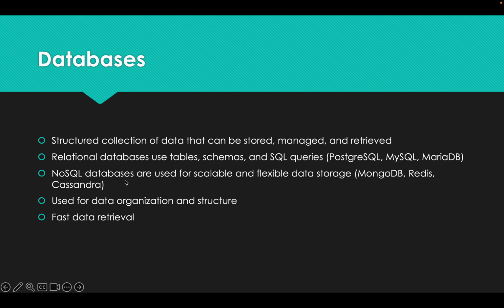You also have NoSQL databases, which are used for more scalable and flexible data storage. Some examples of these would be MongoDB, Redis, and Cassandra. And some examples of relational databases would be PostgreSQL, MySQL, and MariaDB.